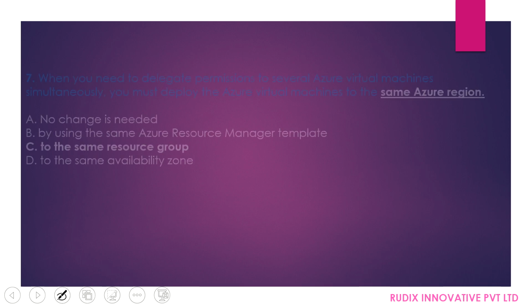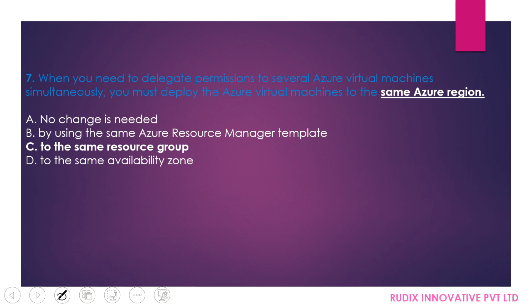Next question. When you need to delegate permissions to several Azure virtual machines simultaneously, you must deploy the Azure virtual machines to the same Azure region. It is also one of this type of question.